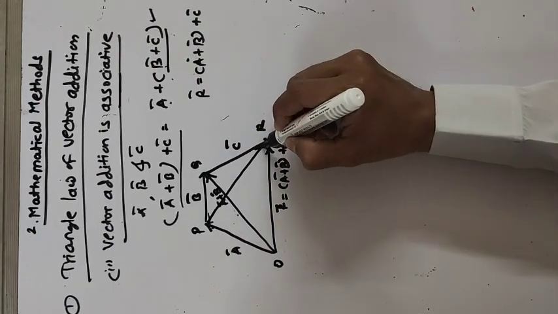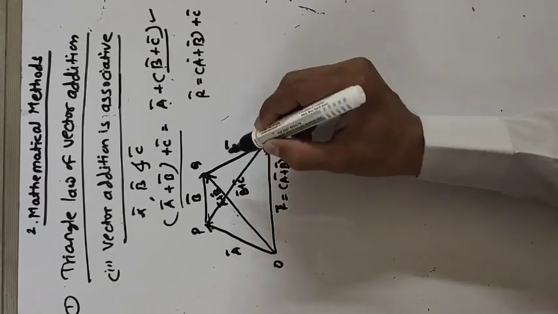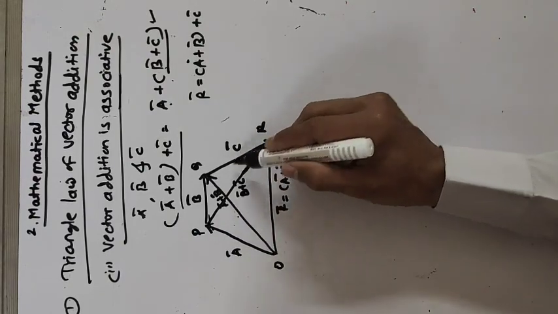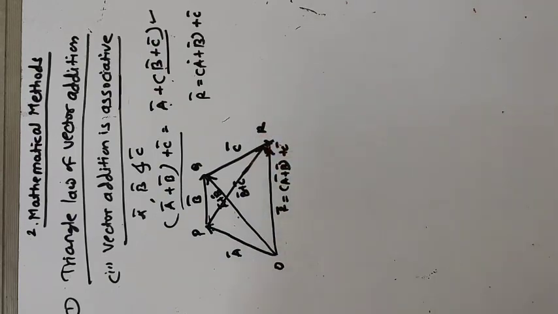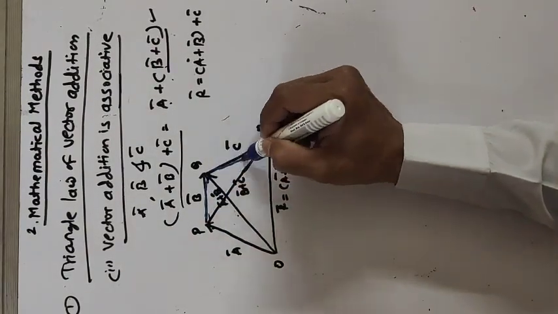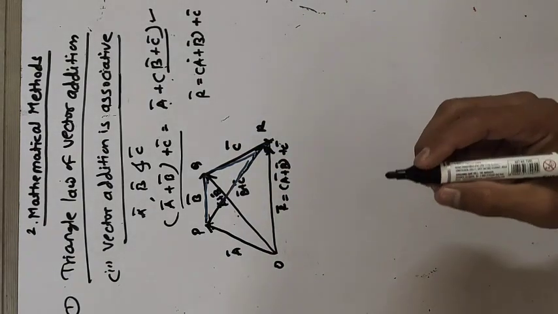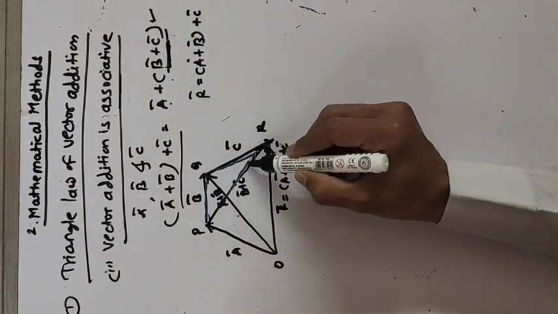The resultant of these two vectors, their addition, is b plus c.